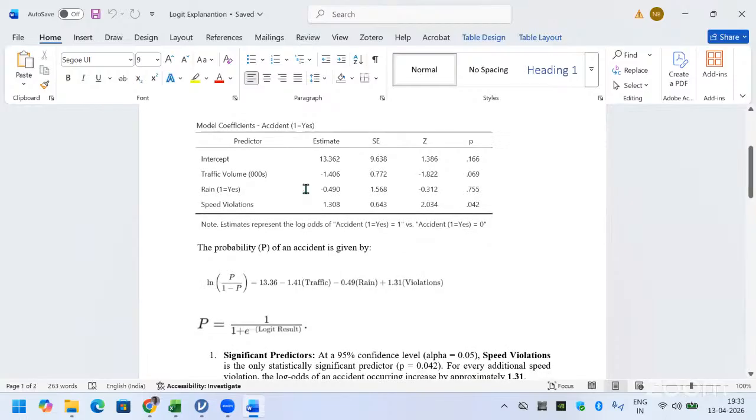So this is the model that I'm going to build now. This is called the odds ratio, and you can see the logarithm of p by 1 minus p.